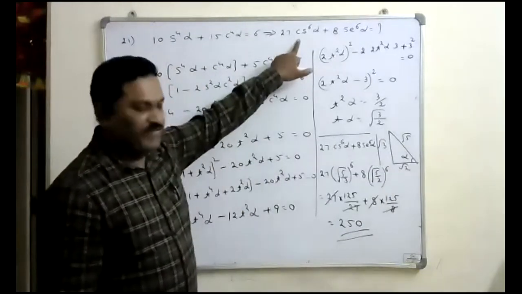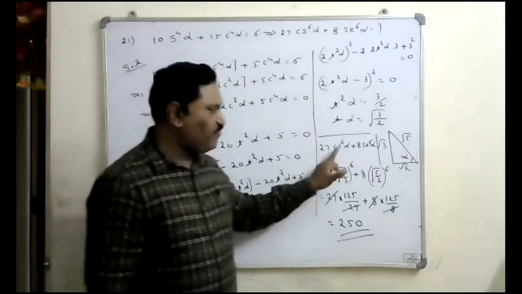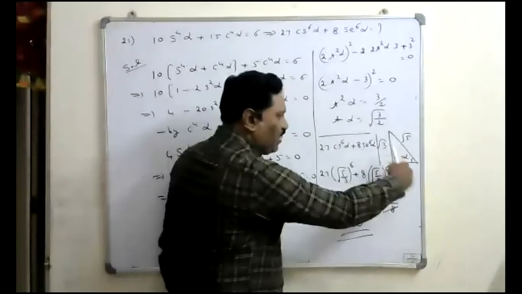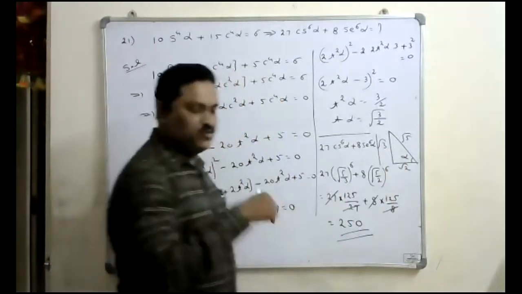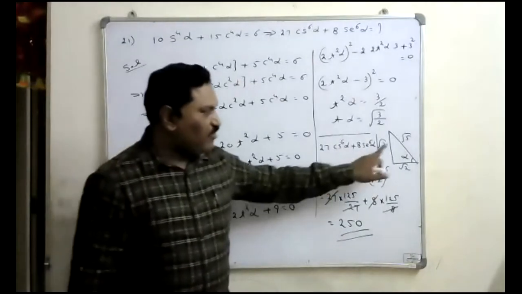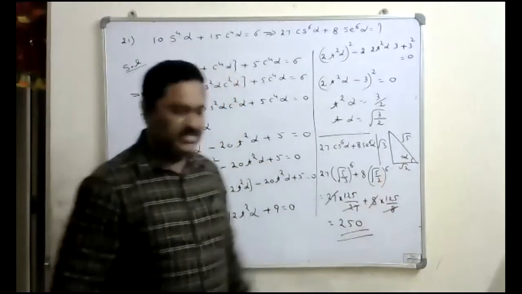Now consider this equation. 27 cosecant power 6 alpha, 8 into secant power 6 alpha. So from this triangle, cosecant alpha is root 5 by root 3, that is root over 5 by 3 whole power 6. Secant alpha means root 5 by root 2, that is root over 5 by 2 whole power 6.